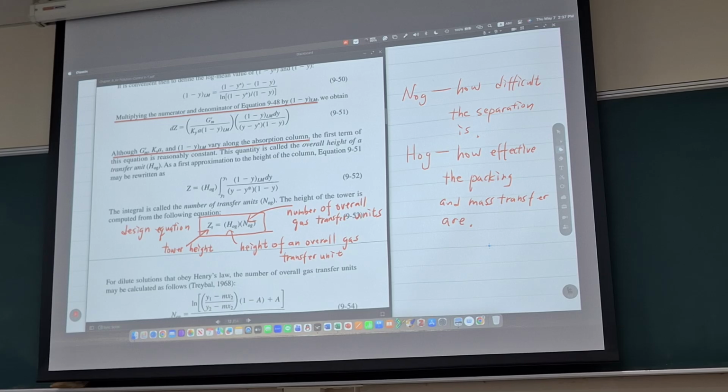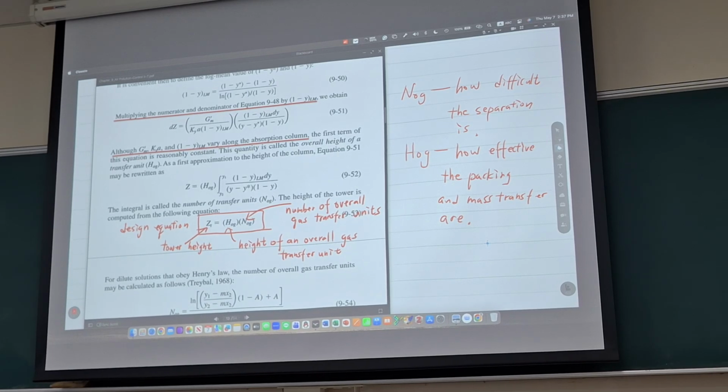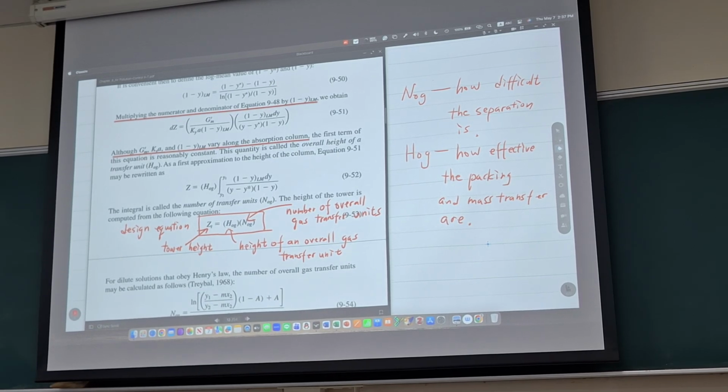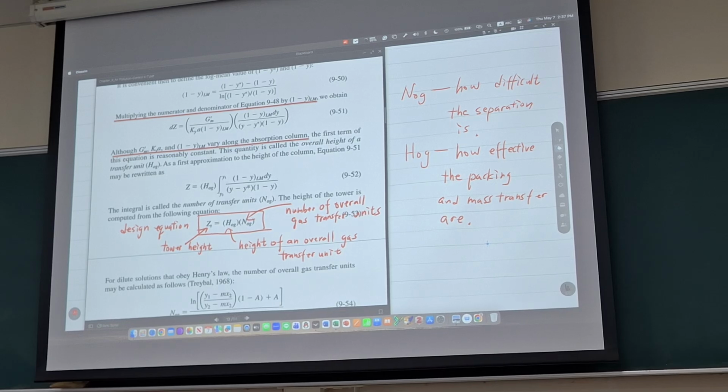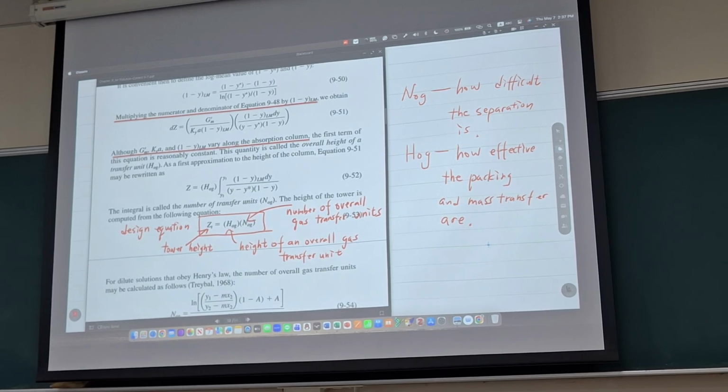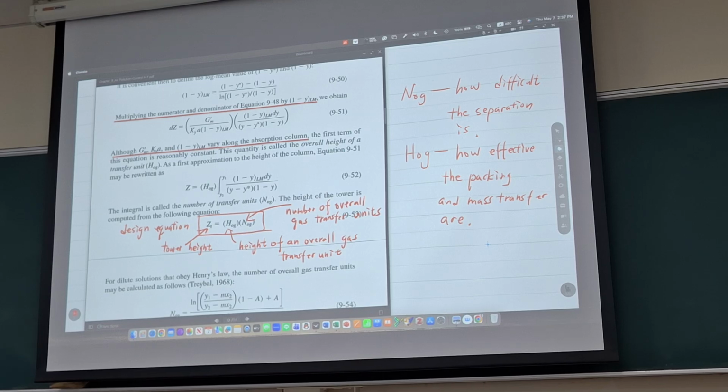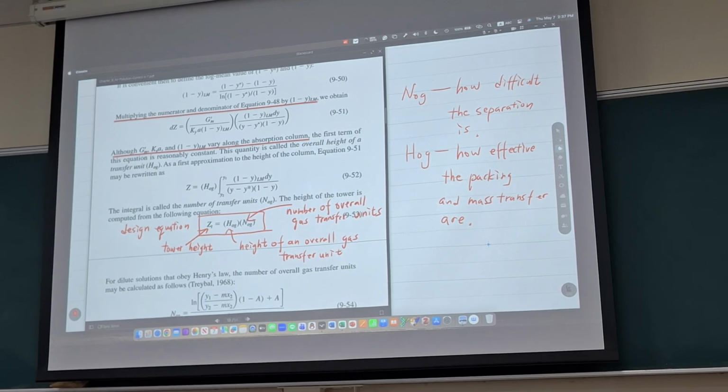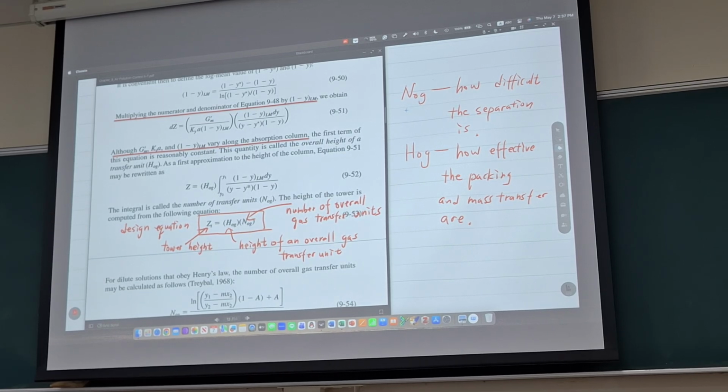So NOG tells us how difficult the separation is. HOG tells us the effectiveness, how effective the packing and mass transfer are.